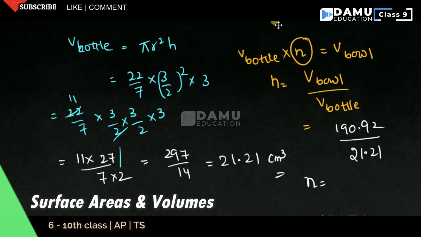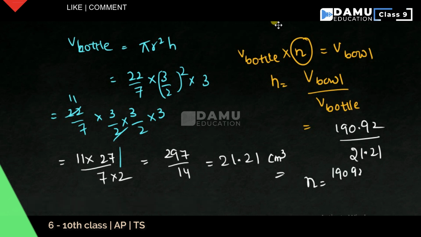So if you calculate, the number of bottles will be 190.92 by 21.21. You can write it as 190.92 by 100 into 100 by 2121.